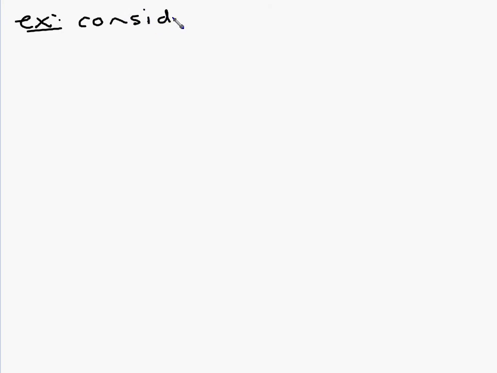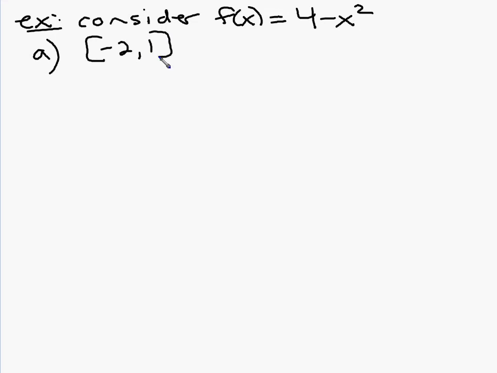Let's consider f of x equals 4 minus x squared. And we're going to look at it on 4 intervals. We're going to look at it on -2 to 1, notice we're including both of them.